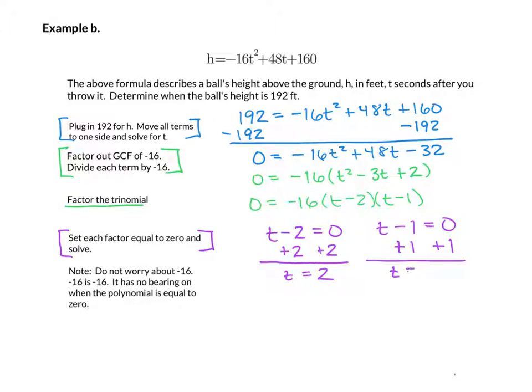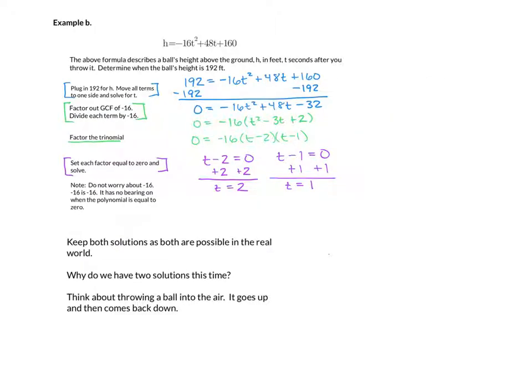For this problem, we do want to keep both solutions as both are possible in the real world. Why do we have two solutions this time? Well, if you think about throwing a ball into the air, it goes up and then it comes back down.